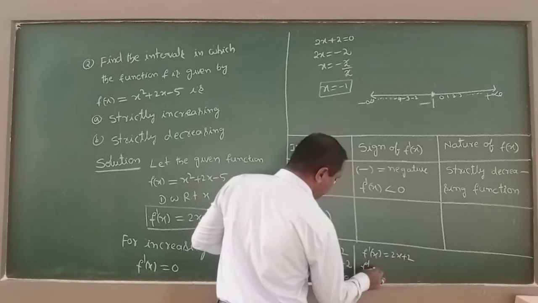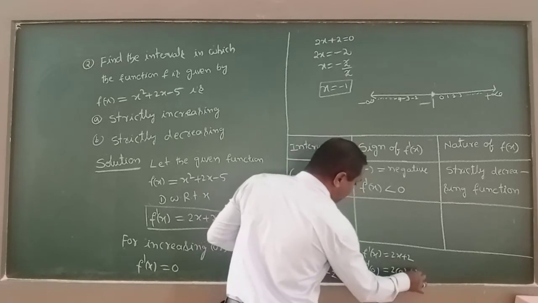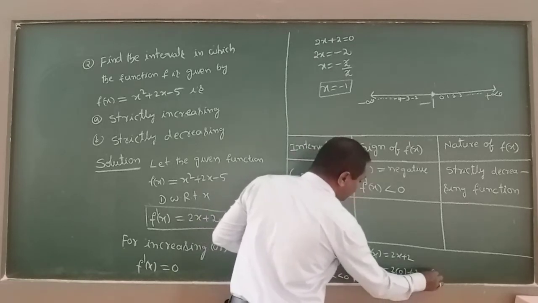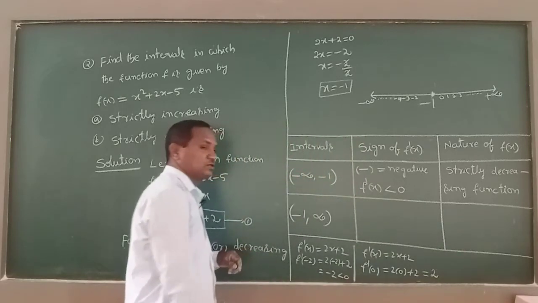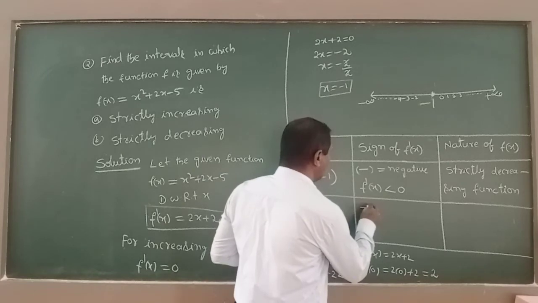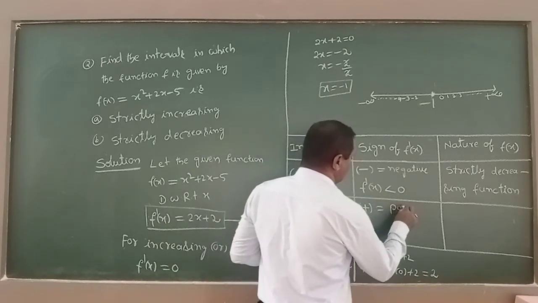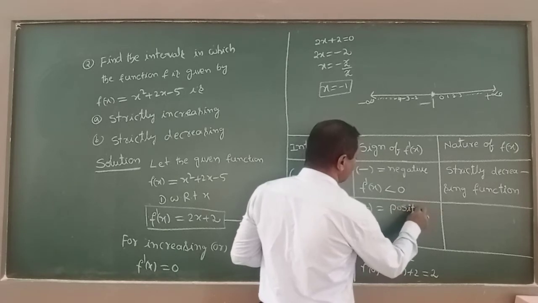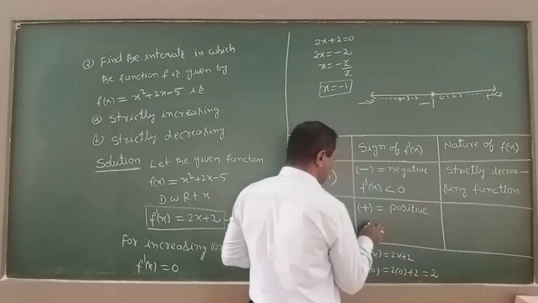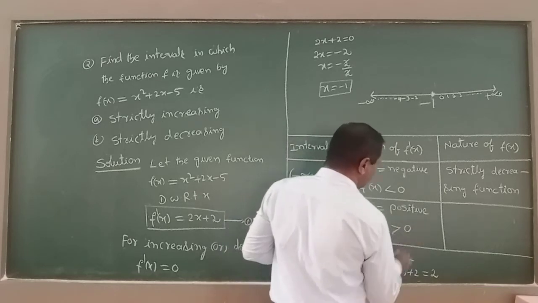f dash of 0 is equal to 2 into 0 plus 2, which is 0 plus 2 becomes 2. Plus 2 means we take the plus symbol, which means positive. So we can write f dash of x greater than 0.